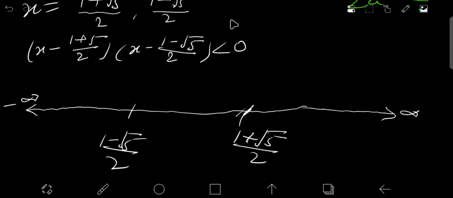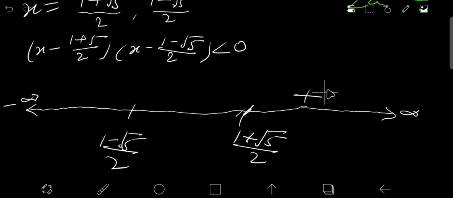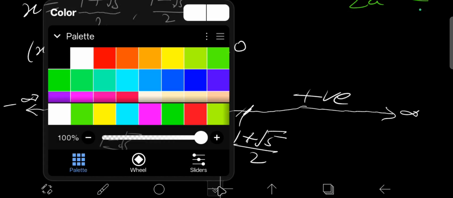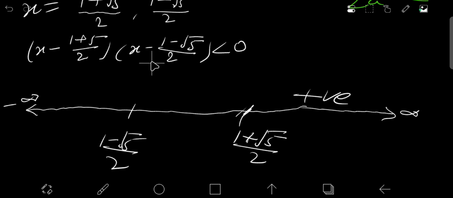Now in the rightmost interval we put a plus sign. The exponent of this factor is 1, so it is odd, and here we change the sign from positive to negative.